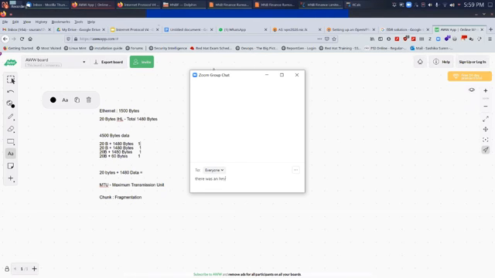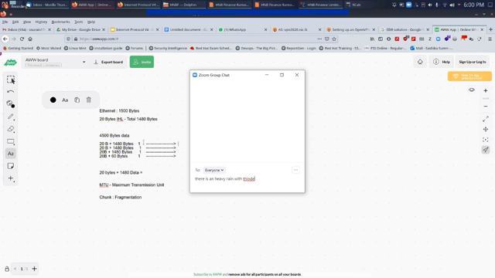Okay, so I'll explain that further. Let's look at the first data packet in this particular scenario. This is the second data packet, this is the third data packet in the same data set, and this is the fourth data packet.